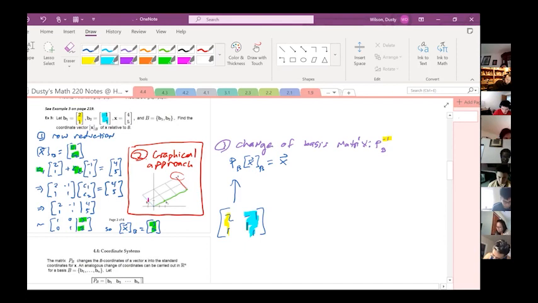And then your XB is what we're trying to find. This is what we're trying to find. And this is going to be equal to X, which we were given, and it's 4, 5.